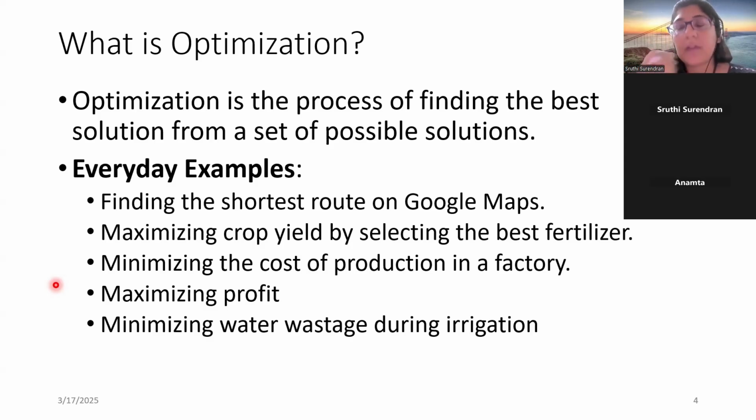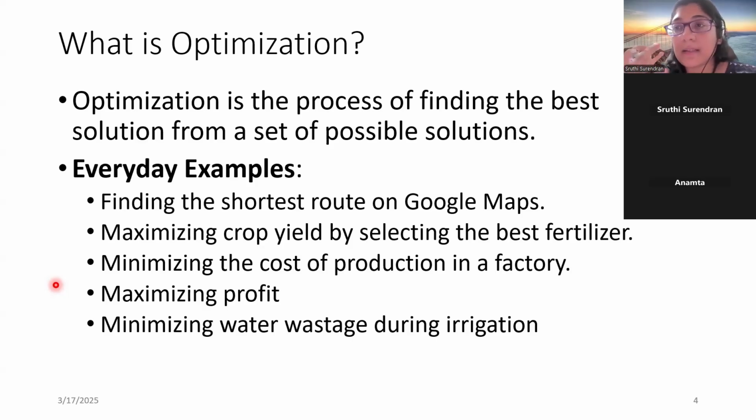Similarly, when we model crops, we need to maximize the yield of a crop by using a minimum amount of fertilizers. So how do we maximize the crop yield? What is the best fertilizer that we can select, or what is the amount of fertilizer that we can apply to get the maximum yield? It's an example of optimization. We can apply maybe 10 grams, or 20 grams, or 30 grams.